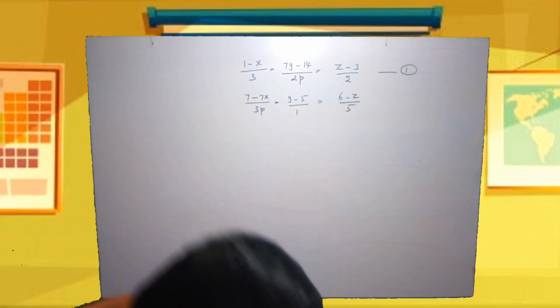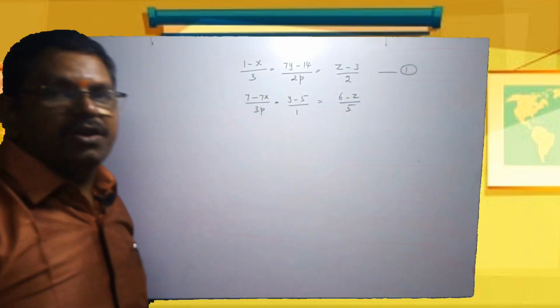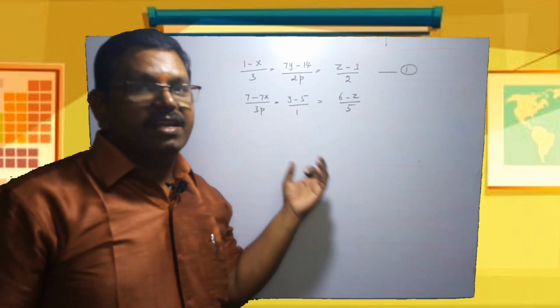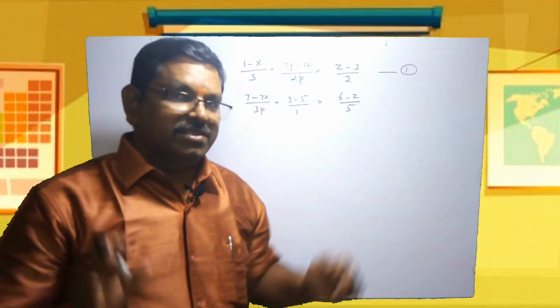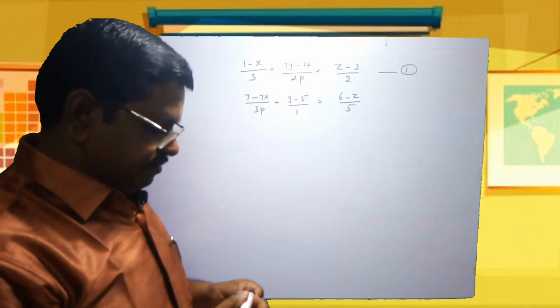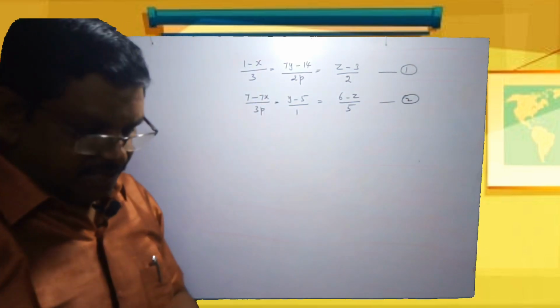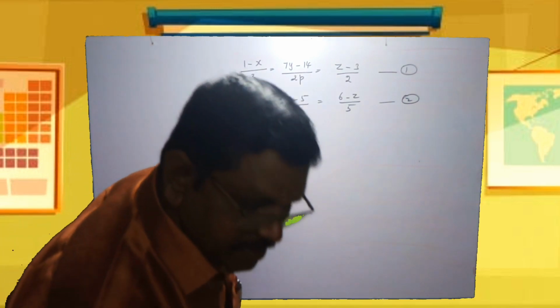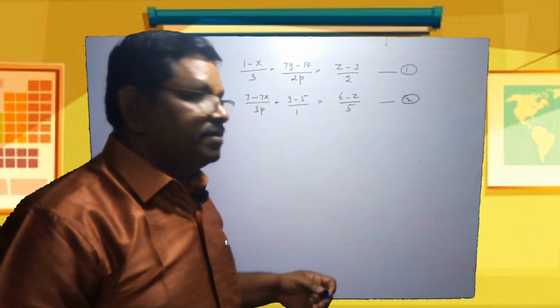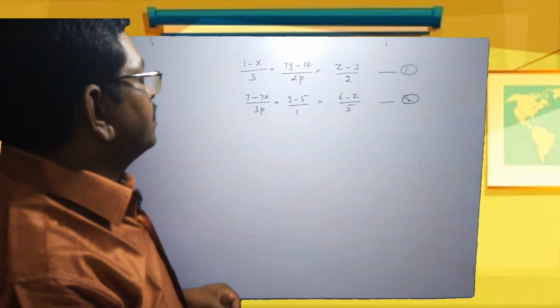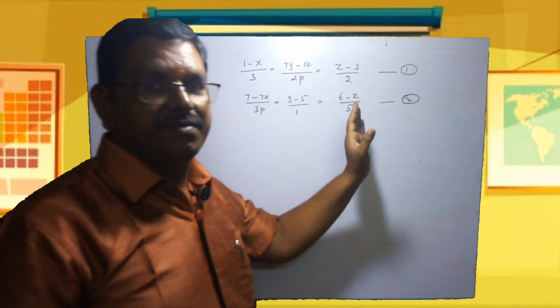They are telling that these two straight lines are perpendicular to each other, or they are meeting at the right angles. Very simple thing. First we should write both the equations as they are, and then next we have to see whether the equations are in the proper order or not.